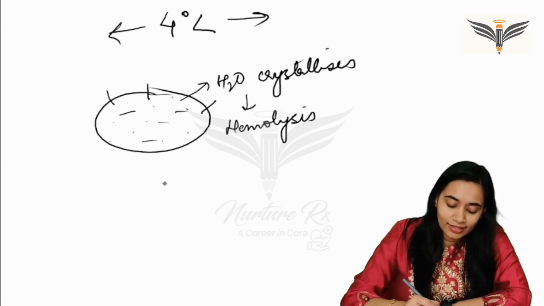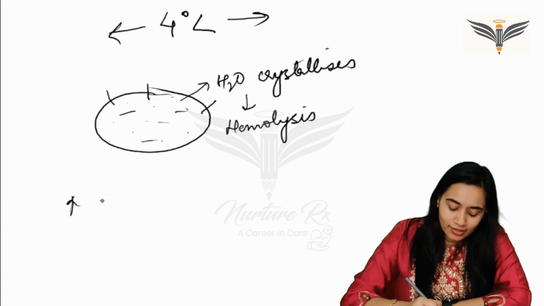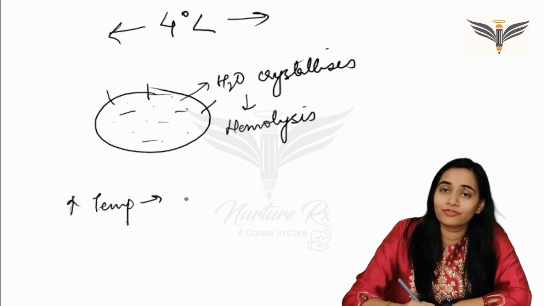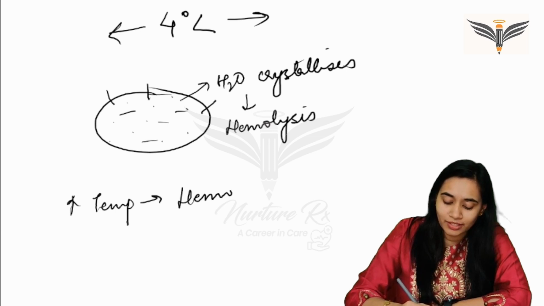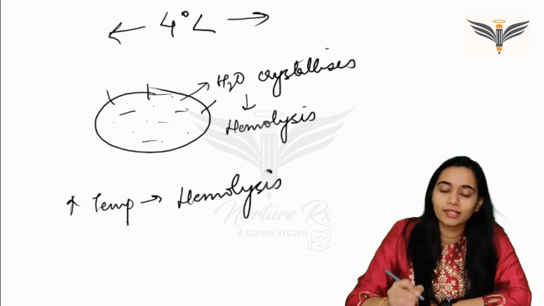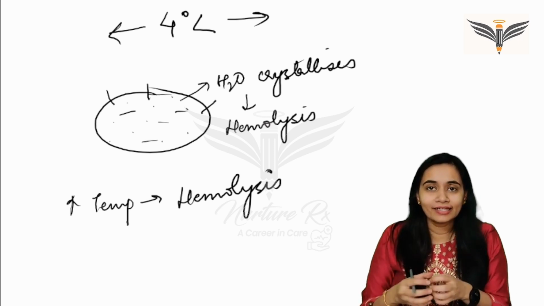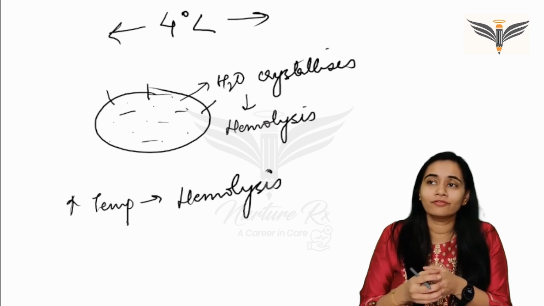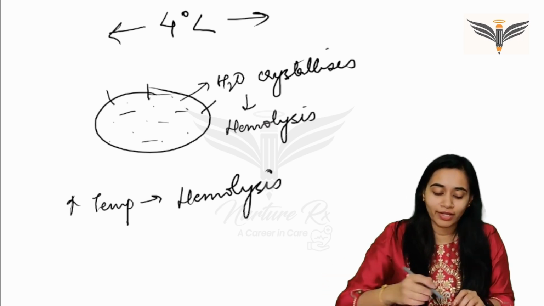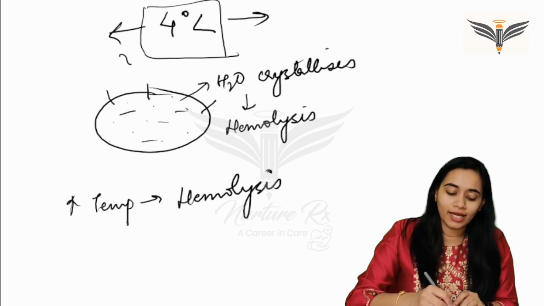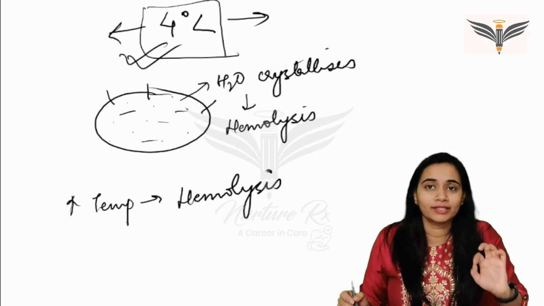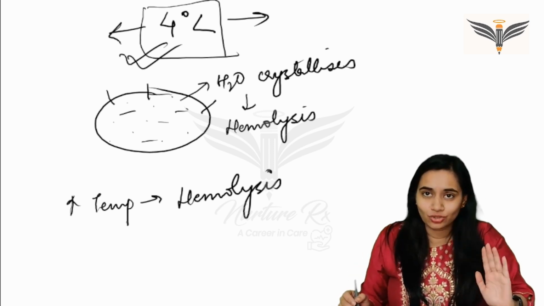The same thing happens when the temperature increases. Again, at increased temperature, the membrane becomes fragile and again it is subjected to hemolysis. It breaks down and hemolysis occurs. So the integrity of red blood cells is not maintained for it to be stored for a longer period of time. Therefore, the desired temperature is 4 degrees centigrade for its storage.